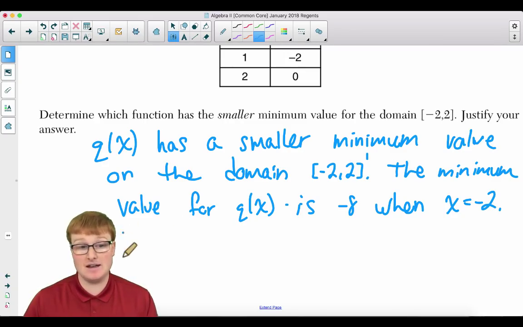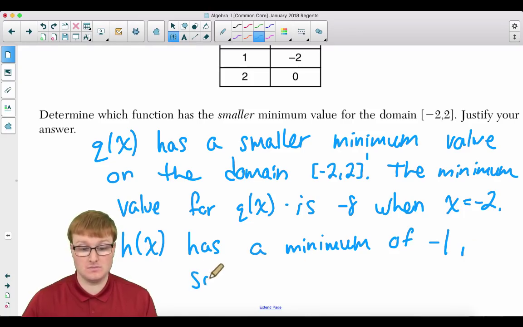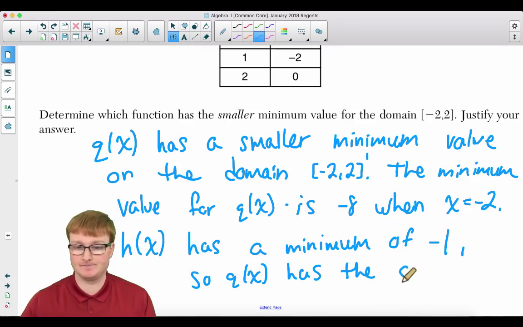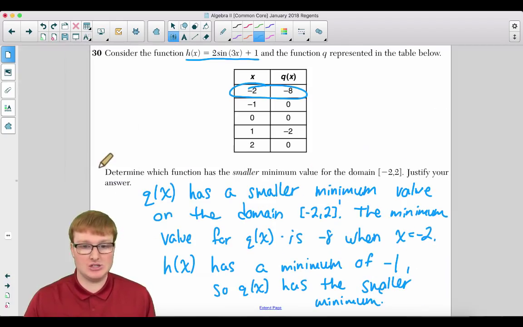And that's about it. You could say that h of x, on the other hand, has a minimum of -1. So q of x has the smaller minimum. You could say that if you want to. Okay, and that is how you answer that question.